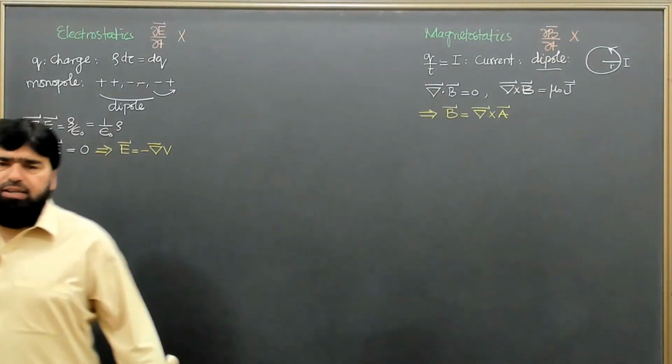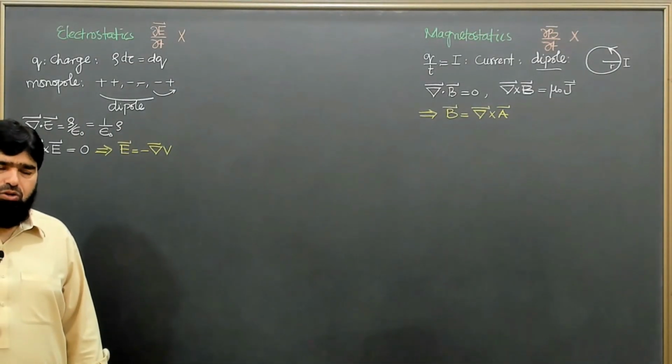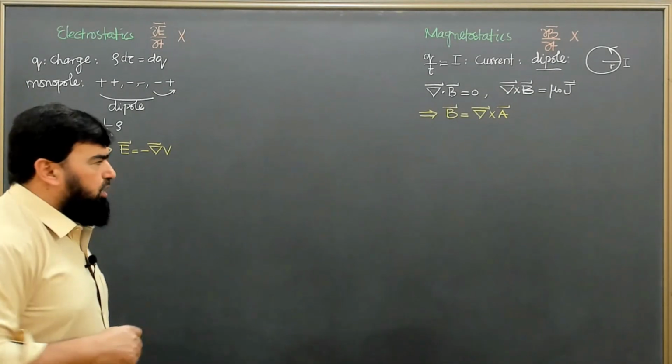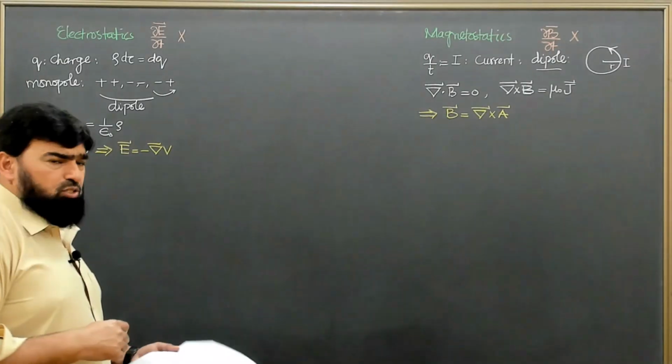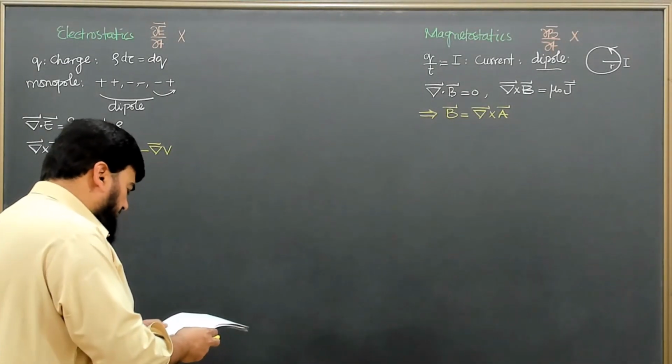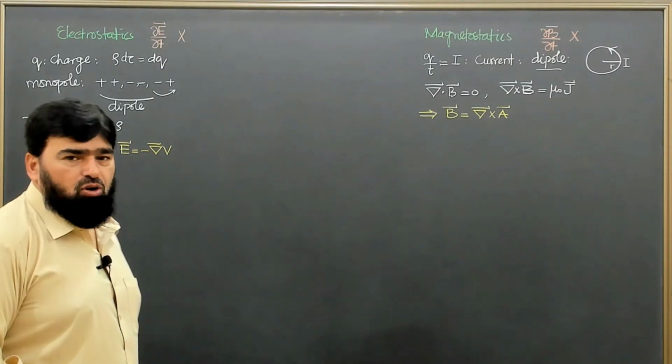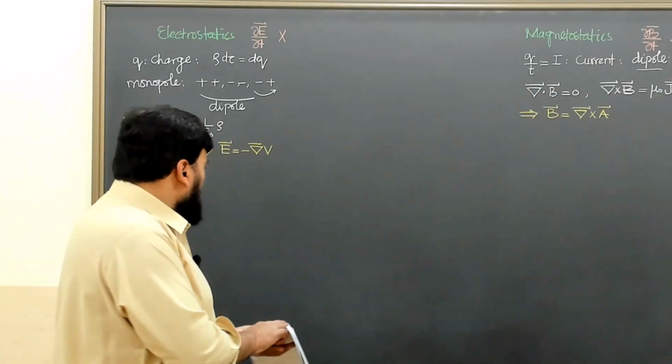At this moment, I will not discuss the gauge freedom and the Coulomb gauge because we have already discussed those things. So the situation here is B equals del cross A.